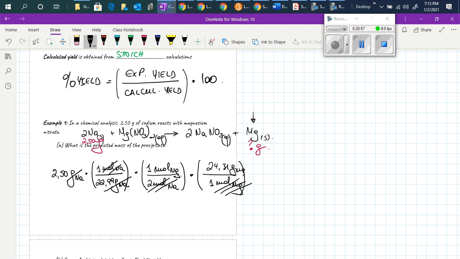Moles of magnesium cancel out, and we have 1.32 grams of magnesium. This is the result of the calculations, so this is the theoretical or calculated yield.